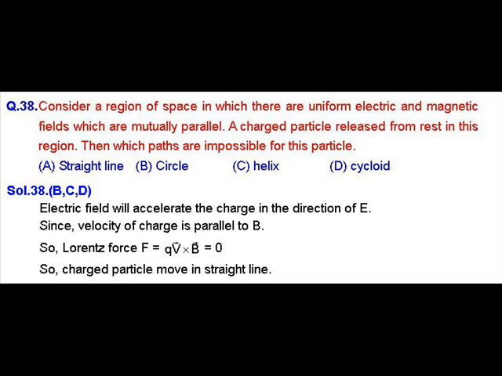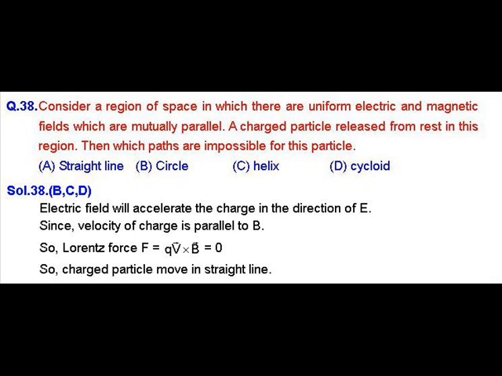MSQ question number 38. In this question, we have been given a region of space in which there are uniform electric and magnetic fields which are mutually parallel. Now a charged particle is released from rest in this region, and we have been asked to calculate which paths are impossible for this particle.